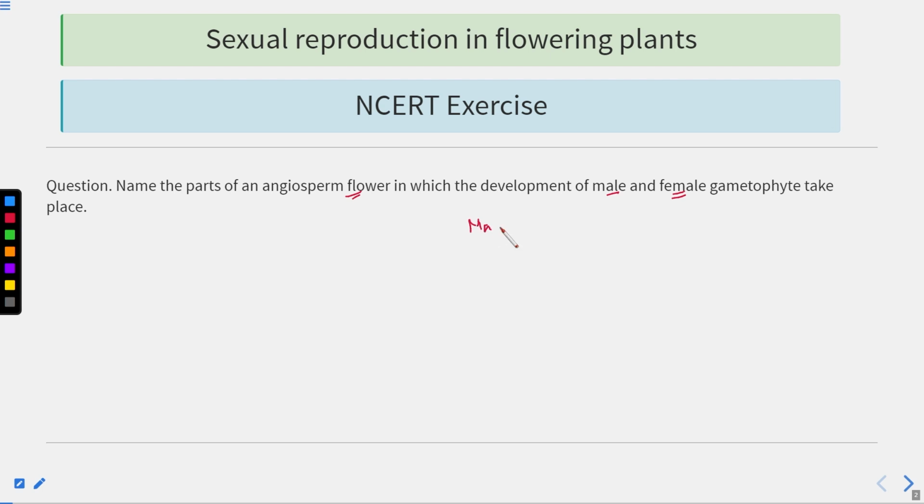The first one is the male gametophyte. What is the male gametophyte? The pollen grain is usually called the male gametophyte. And what is the female gametophyte?